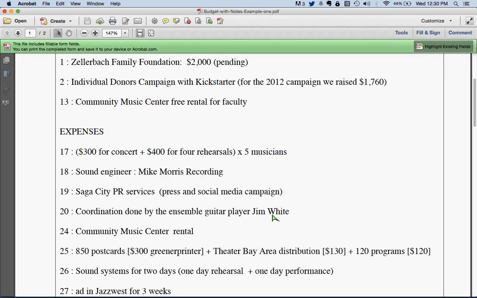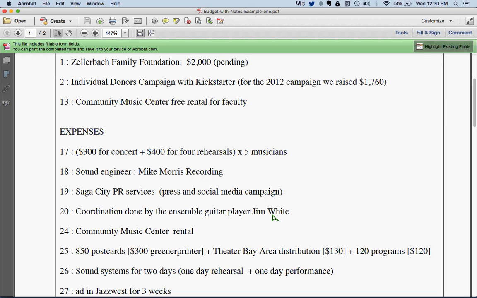I think they've also done a really nice job of laying out in number 25, which I believe is their PR and marketing costs. They're saying 850 postcards, $300 from the green printer, plus TBA distribution at $130, plus 120 programs, $120.